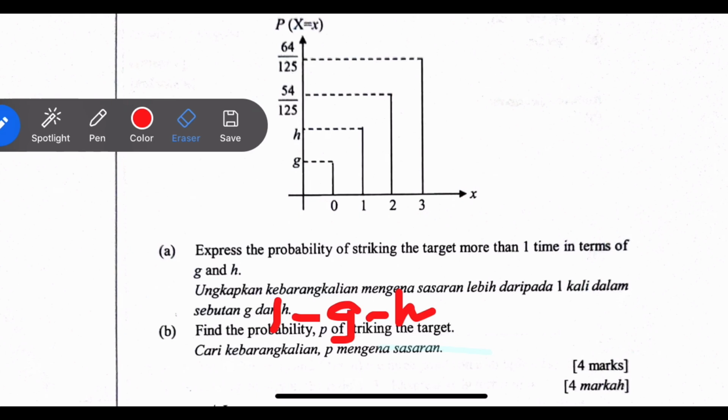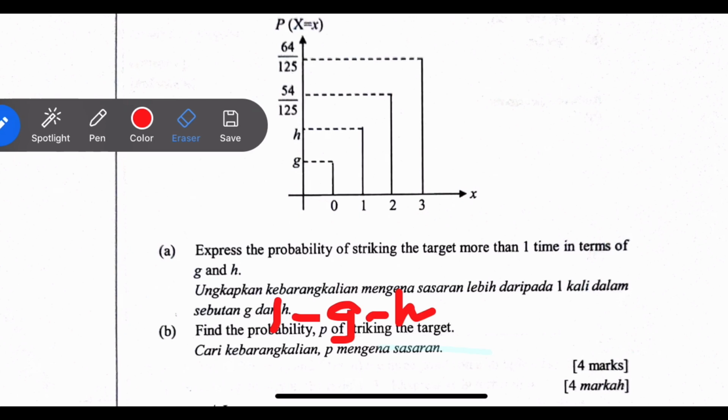Nowadays they always like to ask in the reverse way. They give you the graph, and from the graph you have to solve. For normal distribution, they will give you the bell shape. I will try to find a bell shape question to discuss one day when I have time to do the video. Now let's proceed to the next question.